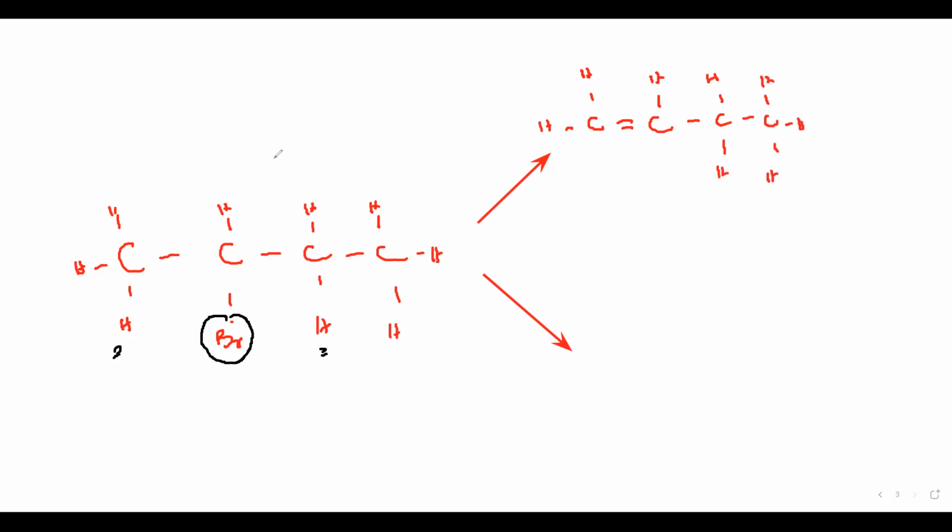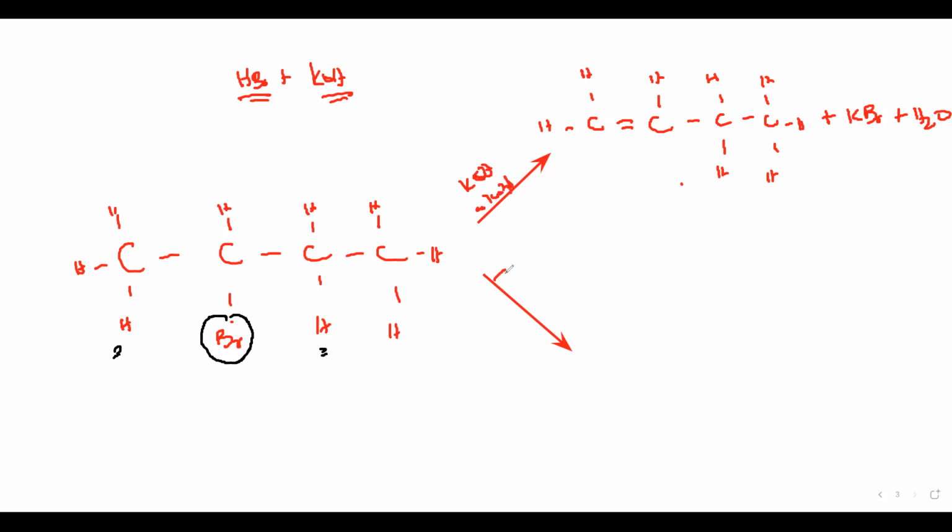And this HBr, which is removed, will react with KOH. HBr is acidic, KOH is a base. So acid plus base gives salt and water. They will produce KBr, the salt potassium bromide, and H2O, the water. This is when we are using KOH in alcoholic medium.